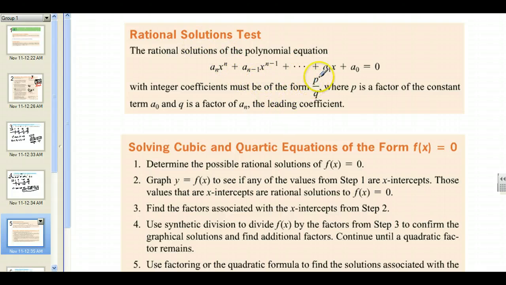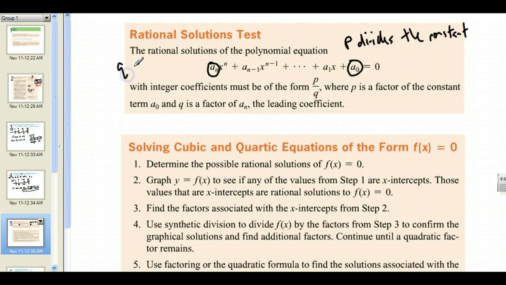It basically says if there is a fraction or a whole number that is a zero of this equation, solves this equation, then it's of this form: p over q, where p divides whatever the constant is, and q, this down here, is a factor of the leading coefficient.